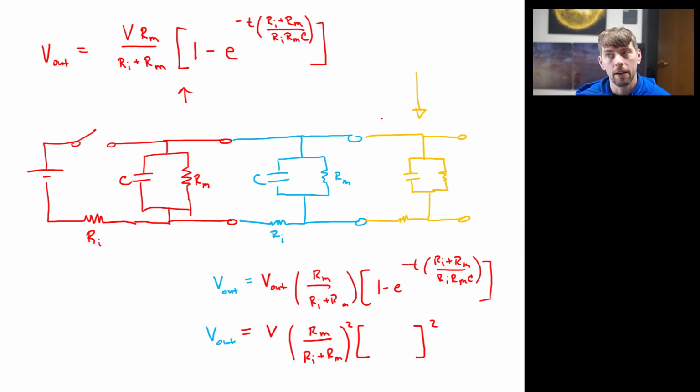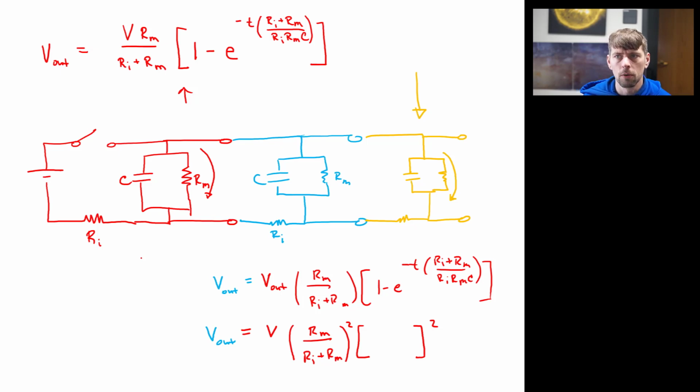But if I compare the amount of current that flows through this resistor in the orange piece as compared to the amount of current that flows through the red resistor right here, well, this orange one will have all of this stuff raised to the third power, whereas the red one is all raised to the first power. In other words, the current flowing through the red part of the circuit is going to be much larger than the current running through the yellow part of the circuit.